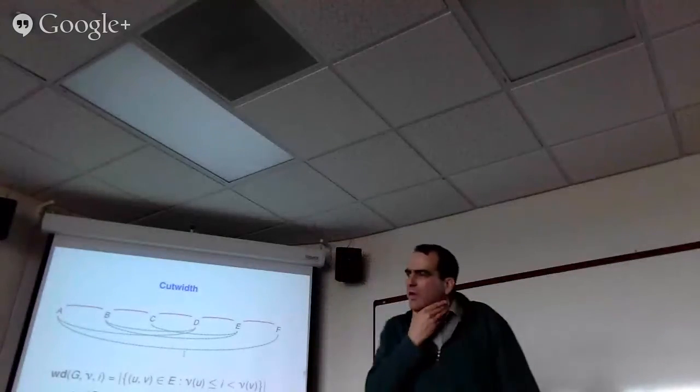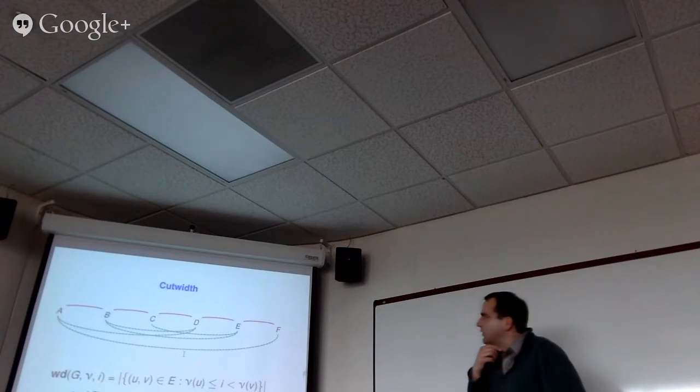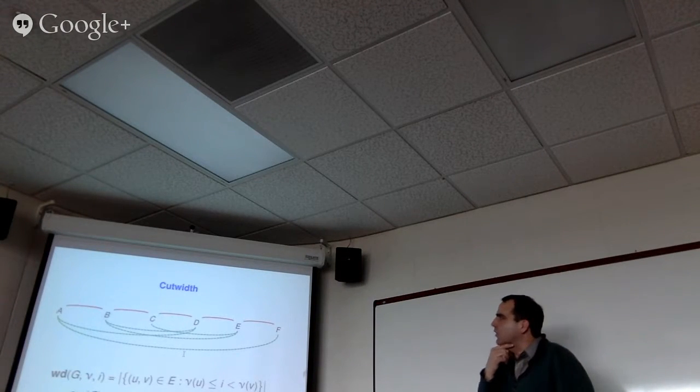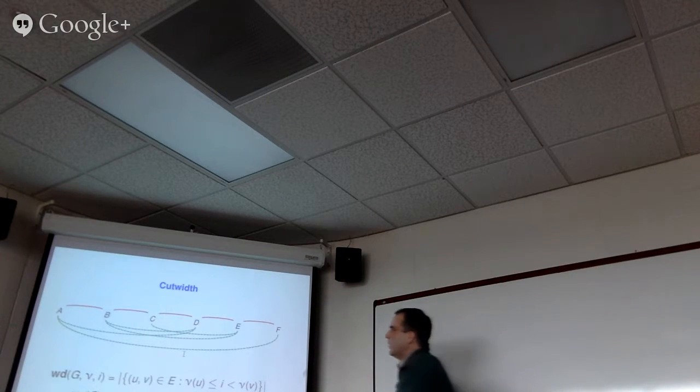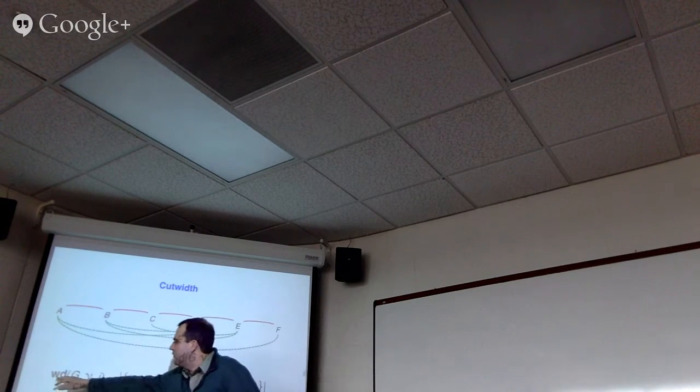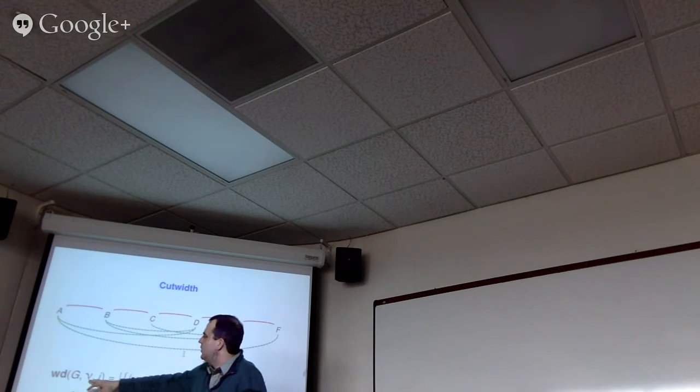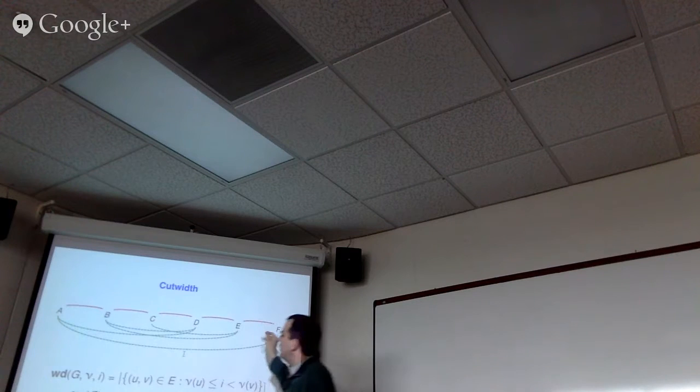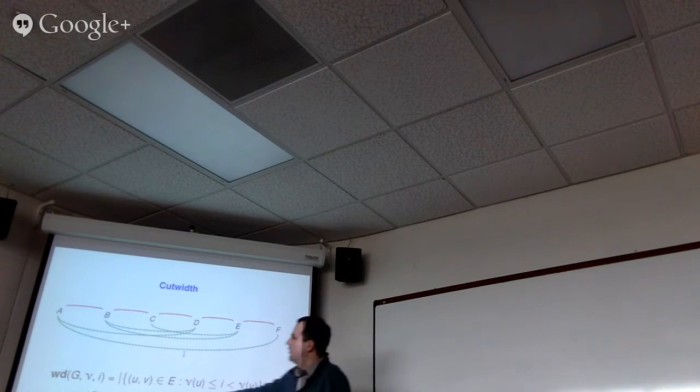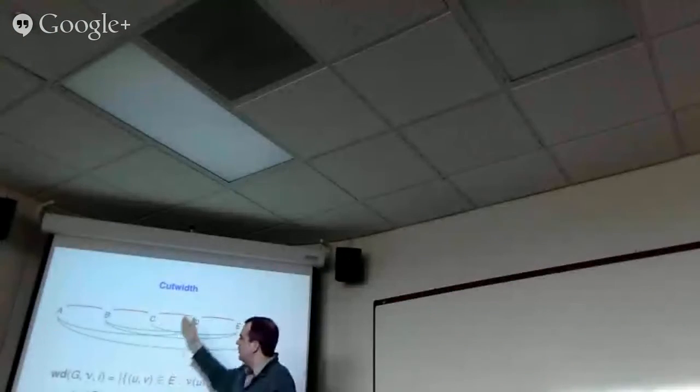Okay. So what I just described is called cutwidth in graph theory. The number of edges that cross a boundary in a graph is the width of a graph. So you have a graph, you have some ordering of its vertices. So nu is A, B, C, D, E, F. And then you have a position in that ordering, that's i.